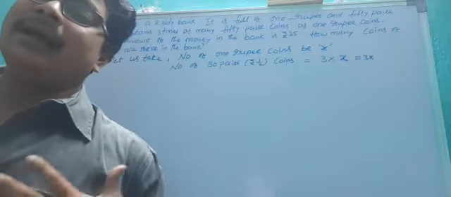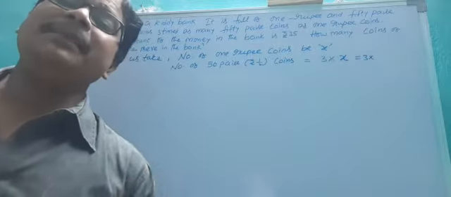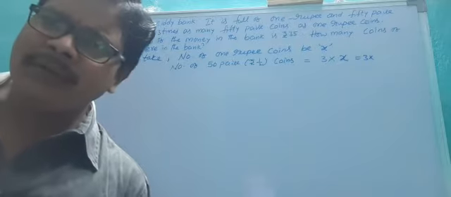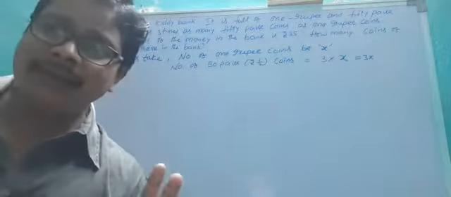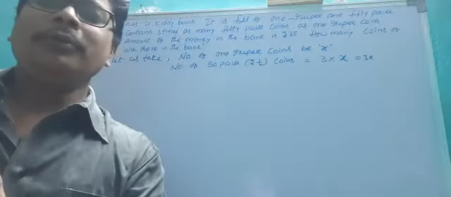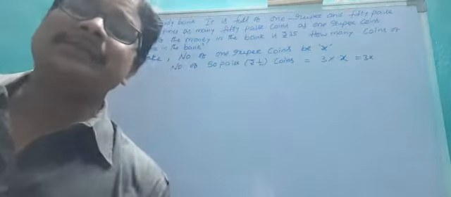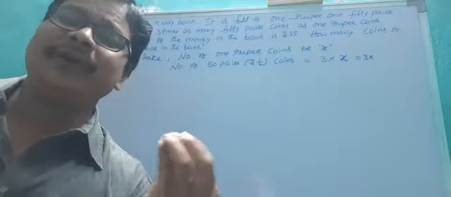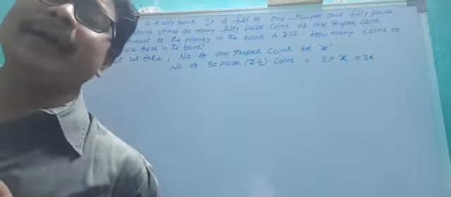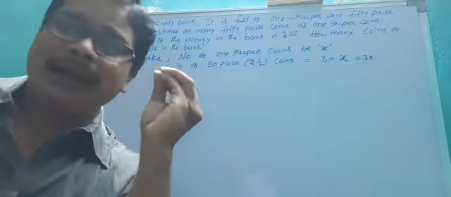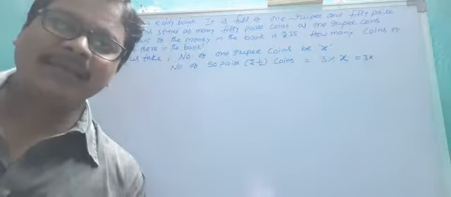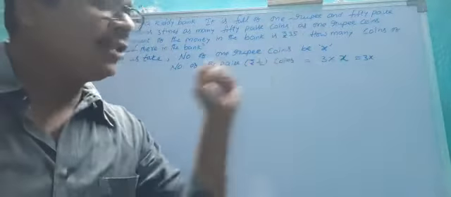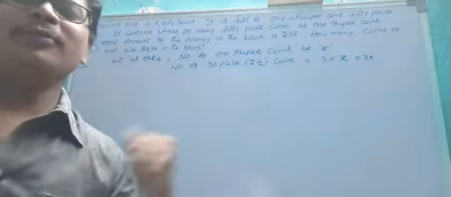So 10 fifty paisa coins means 5 rupees. Totally in my pocket I have 10 rupees. In the same way, you convert such numbers into values.